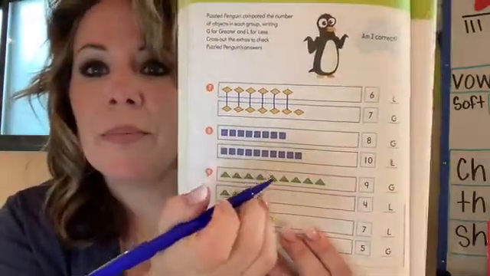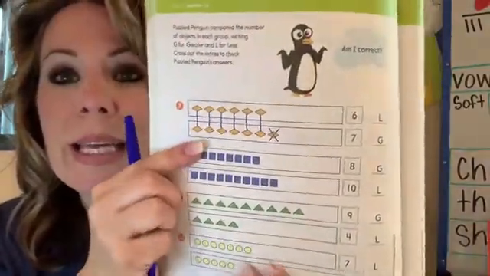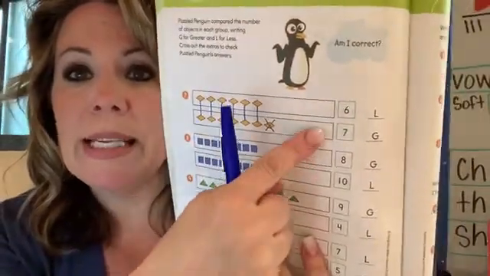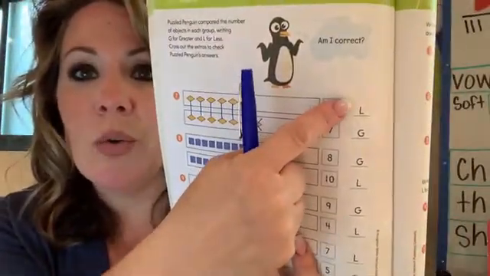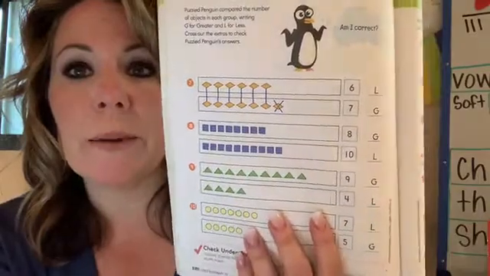Now we have to cross out the extras. So that's where we're going to draw our lines. Make sure that we've got everything just like that. Okay. And then I would cross out the extras. So did Puzzled Penguin, did he get this one right? Did he get his numbers and his less and greater correct?